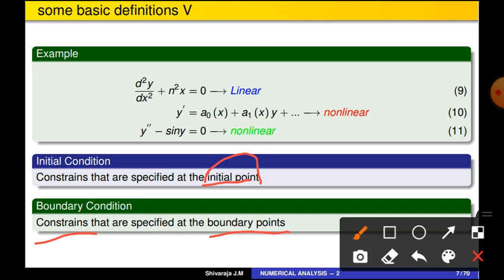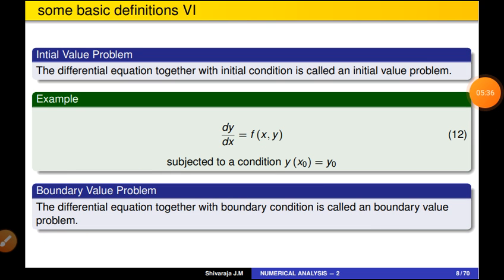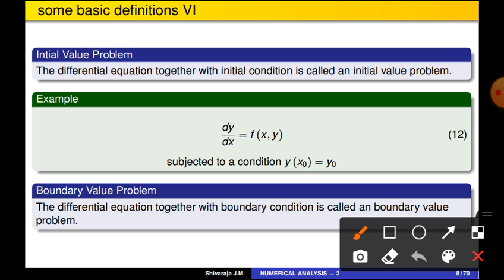Constraints means conditions. Now let us see what an initial value problem is. An initial value problem is a differential equation together with an initial condition.